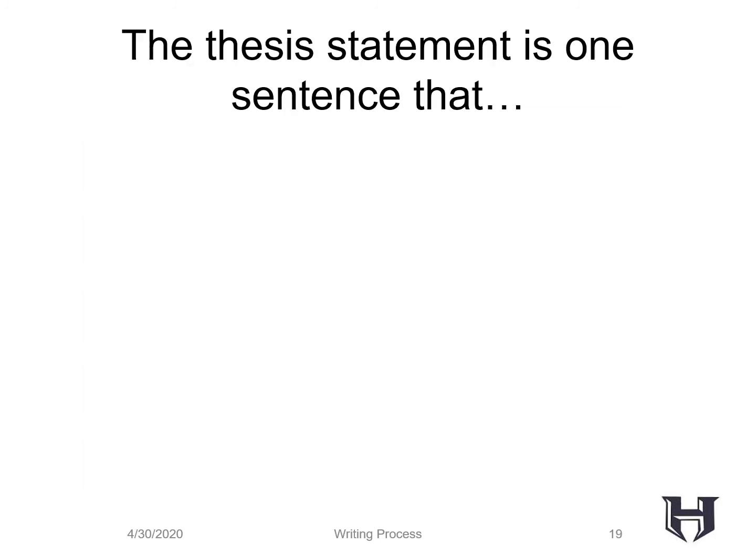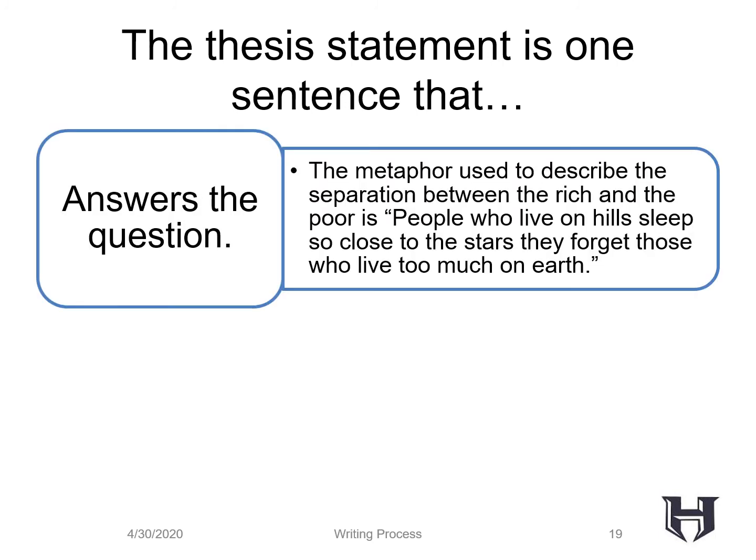The thesis statement is one sentence. So maybe it answers the question. If my question is, what metaphor was used to describe the separation between the rich and the poor, then your thesis statement would be, the metaphor used to describe the separation between the rich and the poor is people who live on hills sleep so close to the stars they forget those who live too much on earth.